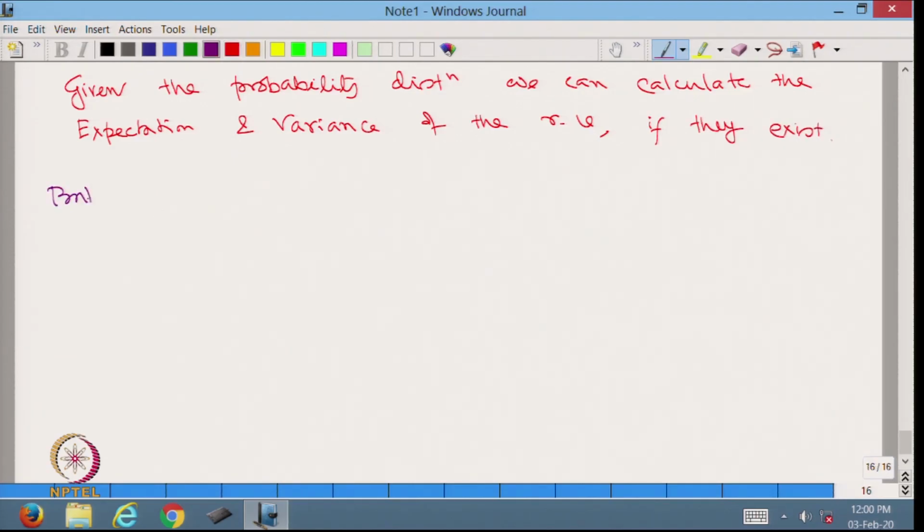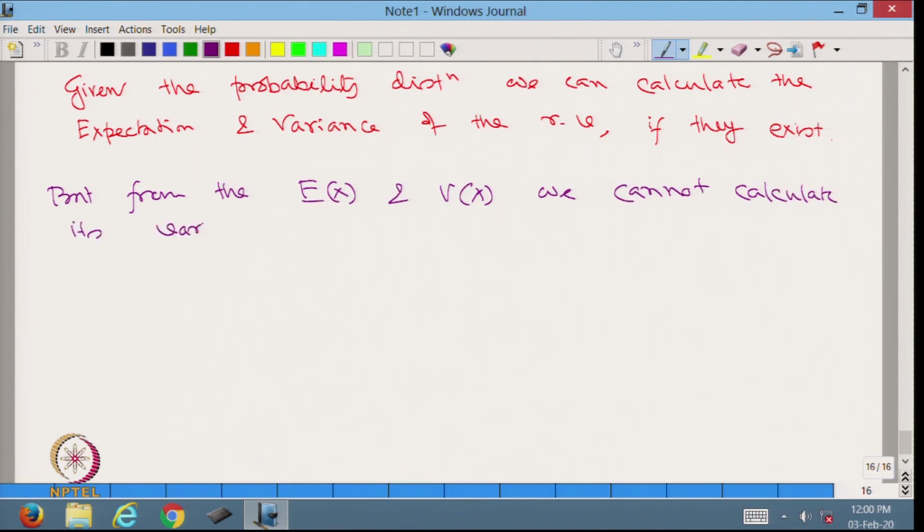But from the expectation of x and variance of x, we cannot calculate its variability around the mean.